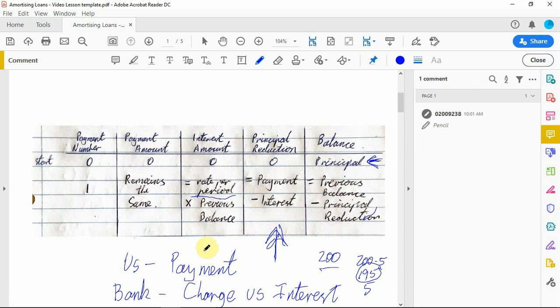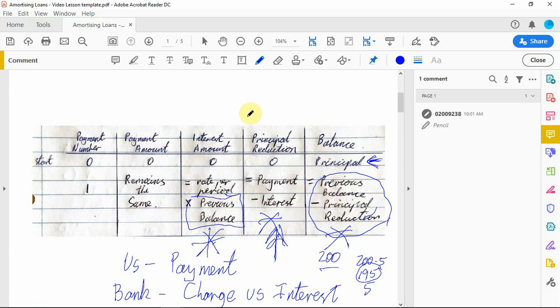So the values that are going to change would be the numbers in this column, and then subsequently the values in this column. Because remember, our interest is on our previous balance. So the next line down, this is the number we're going to work our interest out on.